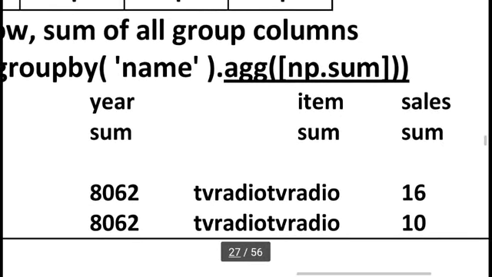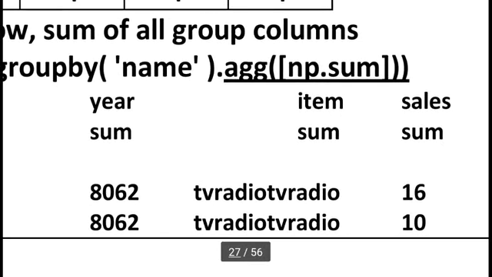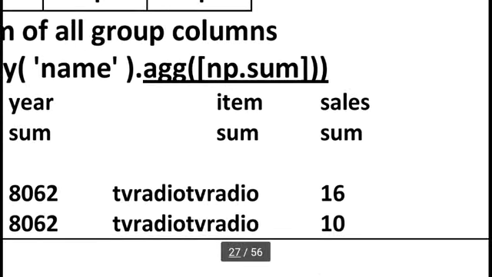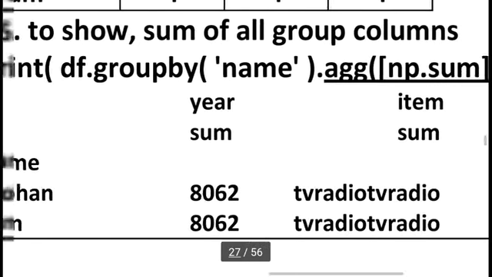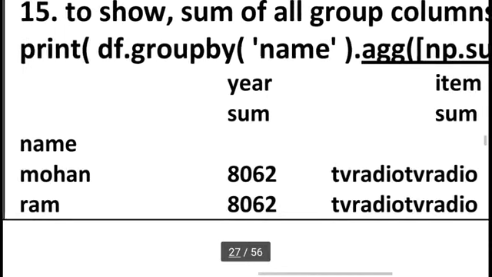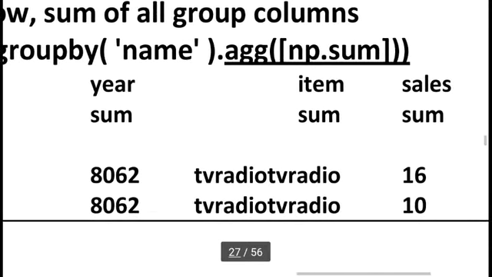Here you can see the item sum. The item name is a string value, so Python will perform concatenation, TV radio, and so on. And the sales sum is important. The total sales of Mohan is 16 and the total sales of Ram is 10.